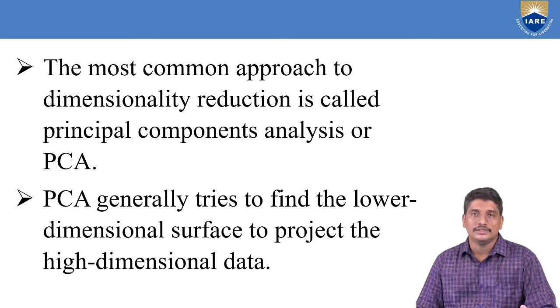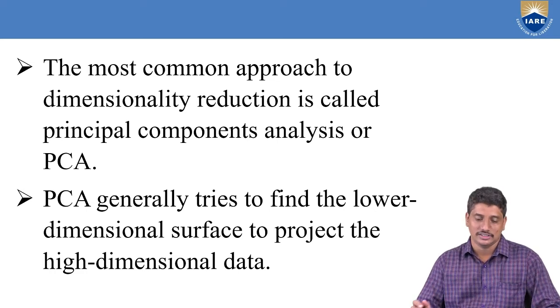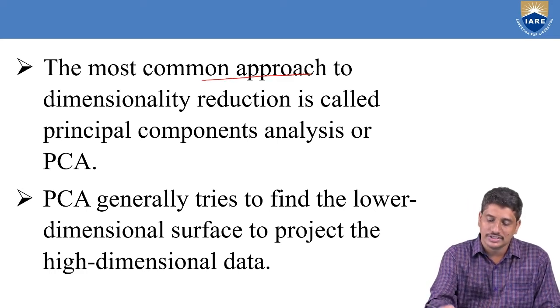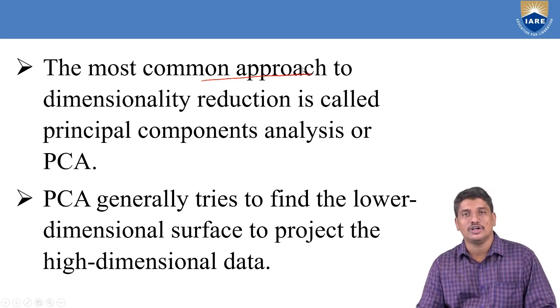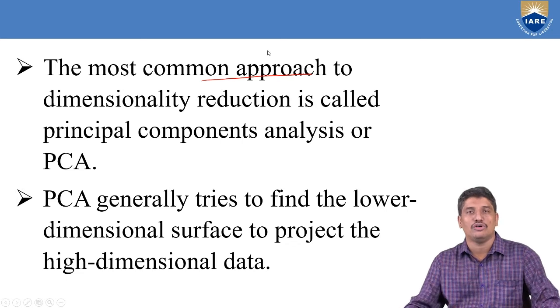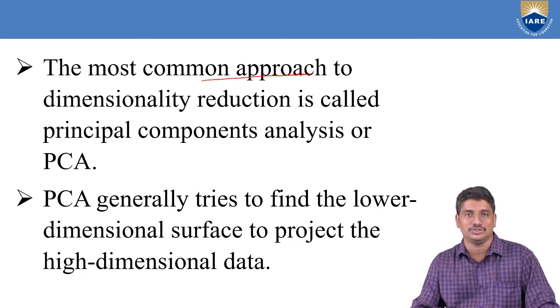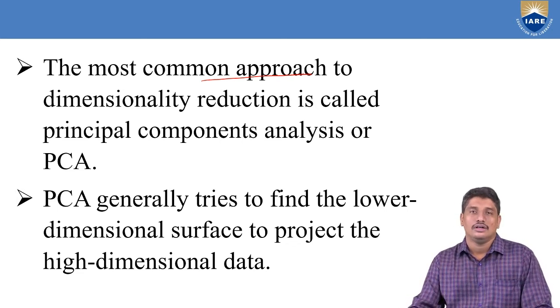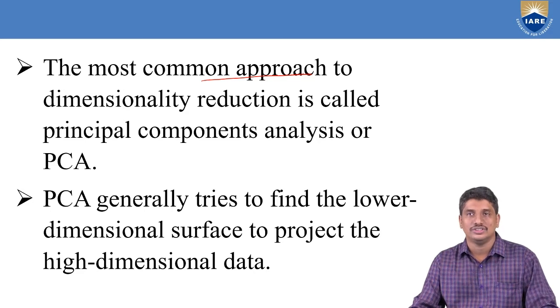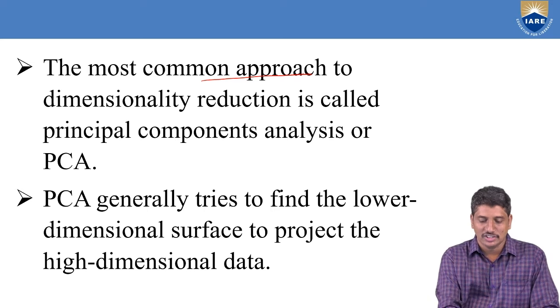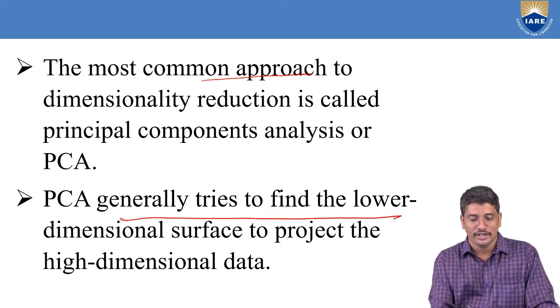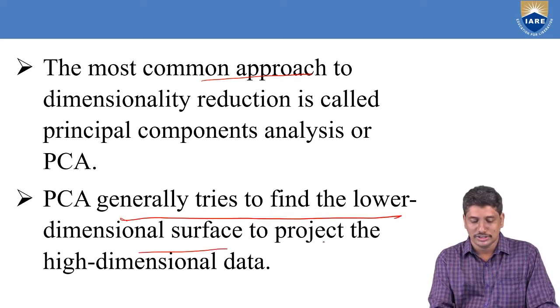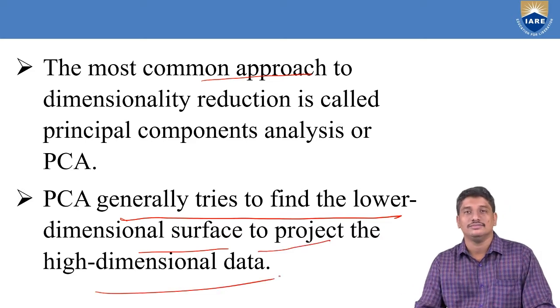The most common approach to dimensionality reduction is called principal component analysis. There are several approaches to reducing the dimensions of large data sets into smaller data sets, and one of the most popular is PCA. PCA tries to find a lower dimensional surface onto which the high dimensional data is projected.